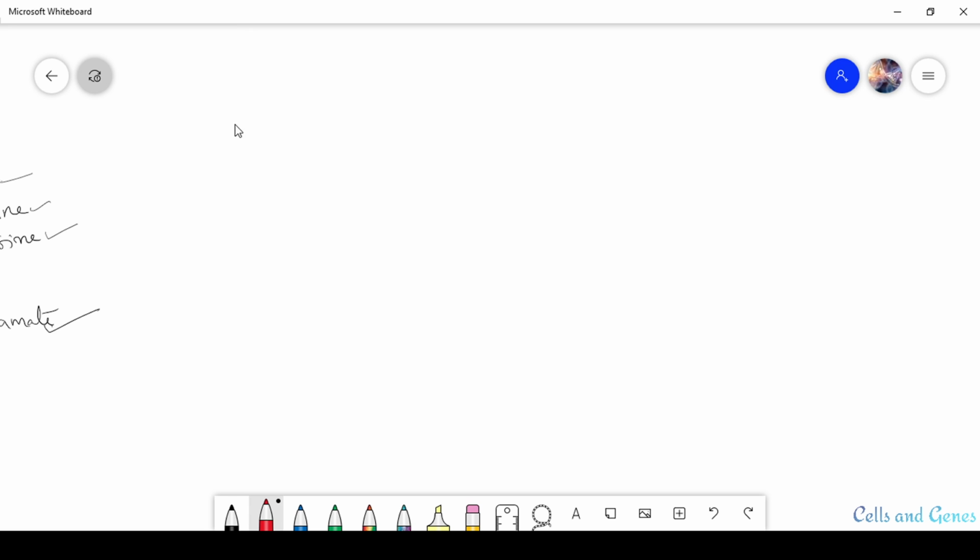So coming to the 21st standard amino acid. We have now seen only 20 amino acids. The 21st standard amino acid is selenocysteine.